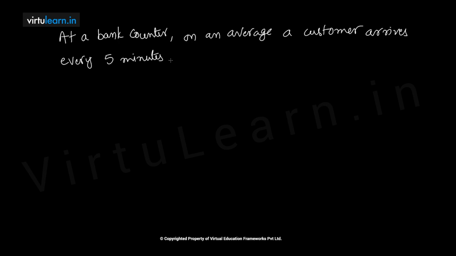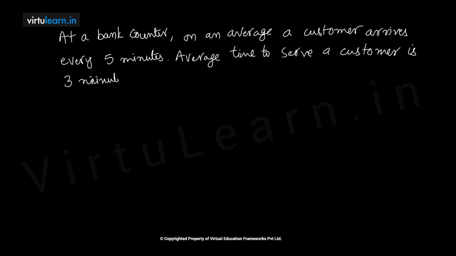At a bank counter, on an average, a customer arrives every 5 minutes. When the arrival or service rate is given in minutes, we have to convert them into an hourly rate. In all queuing problems, the procedure is to convert them into an hourly rate, and the arrival rate is always given by lambda, which is per hour.